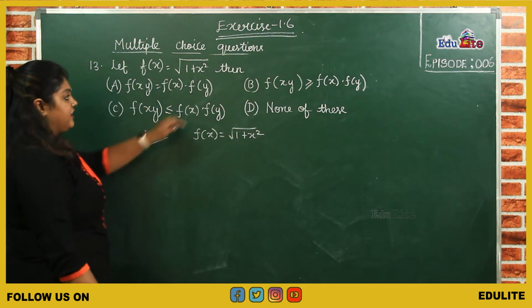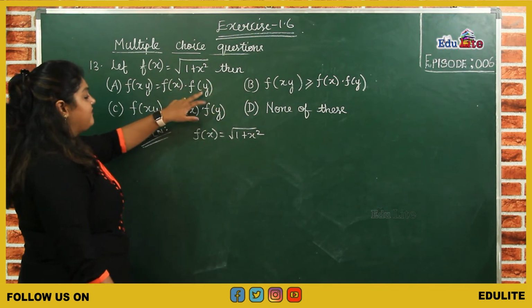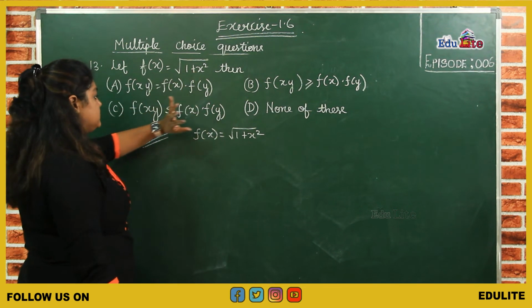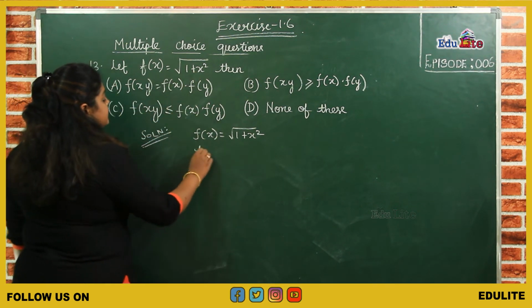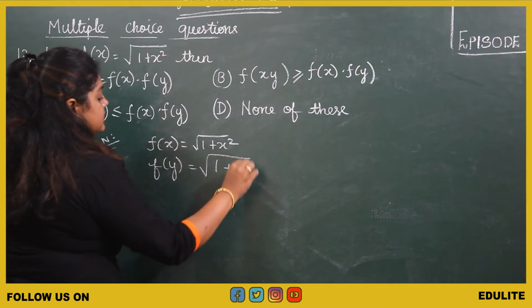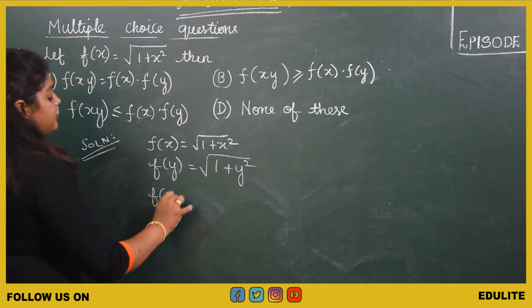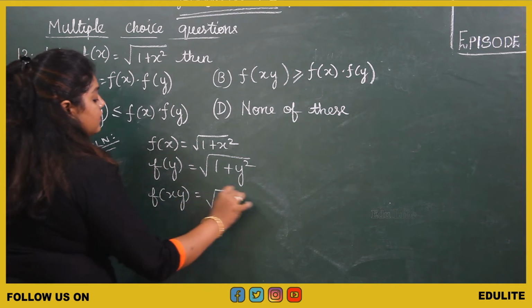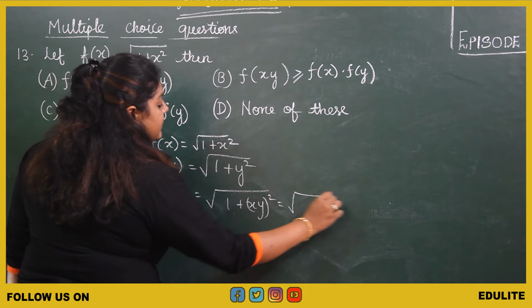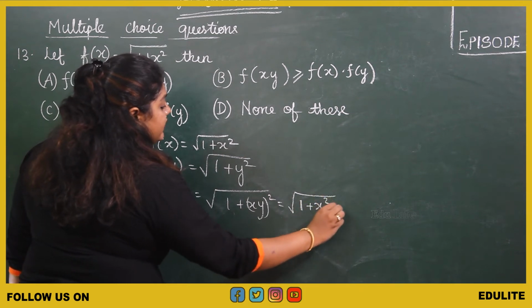We need the value of f of y, and also f of xy, because all the relations have f of y and f of xy. F of y will be the same, square root of 1 plus y square. F of xy will be square root of 1 plus xy squared, which can be written as 1 plus x squared y squared.